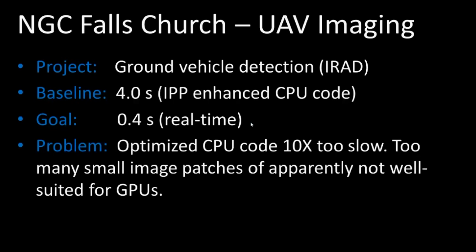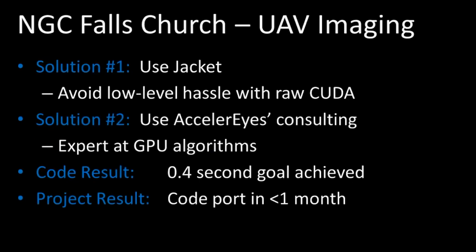If you just do it the straightforward way in CUDA yourself, those small image patches don't perform very well. In fact, they're slower than the CPU because GPUs like to work with large pieces of data, and all of these small image patches processed in a standard loop were performing too slowly. So their solution was that they started using Jacket.